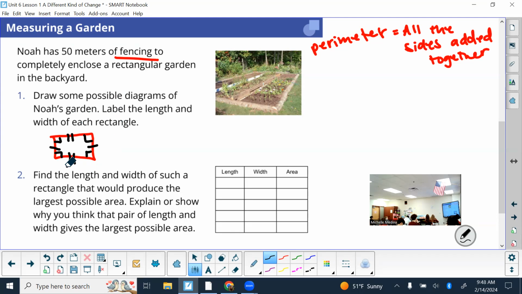Okay, well, if I have a length of 25, then across the way would also have to be 25. What would my width have to be in that case, class? And is it really possible to have a width of 0? So let's adjust that a bit, pick a different length, something smaller than 25. Yeah, just tell me something smaller than 25.